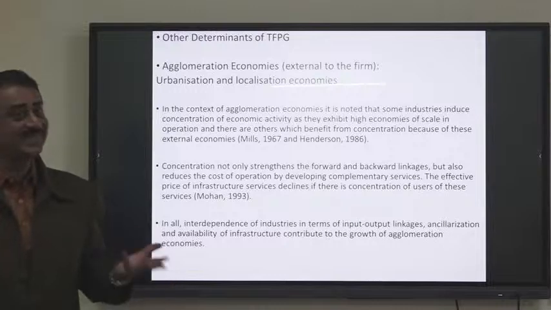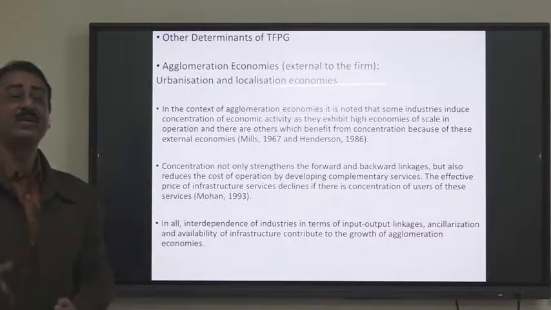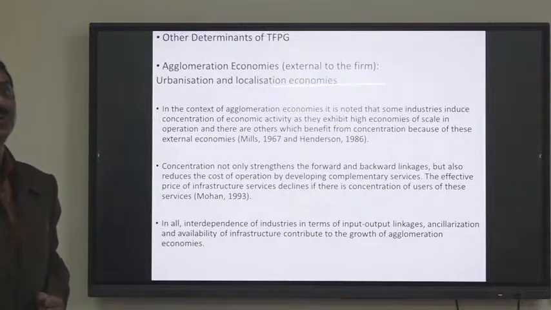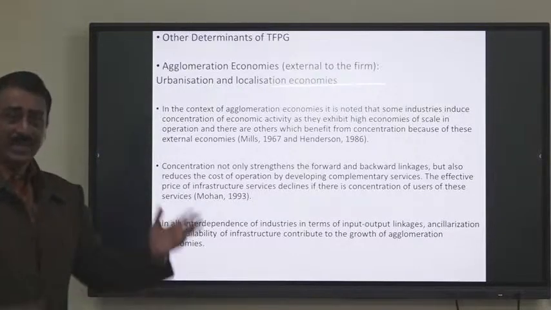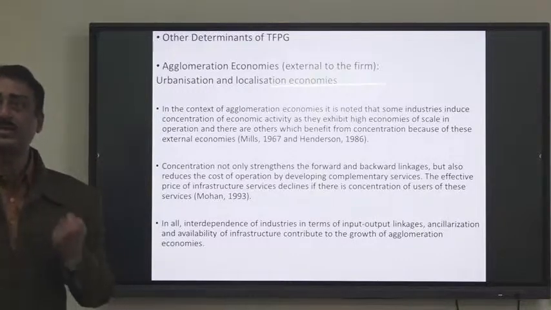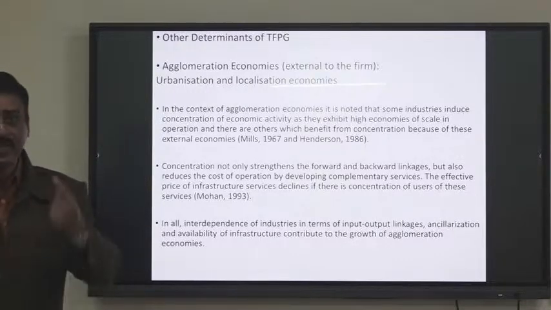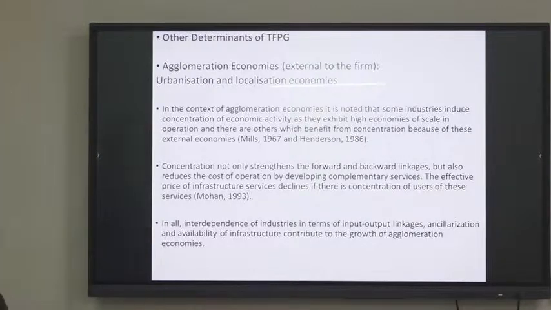SEZ is what? Basically creating special economic zones, where your rate of return on investment is going to be much higher compared to any other place. Export processing zones. So each company would decide what is my potentiality, and then accordingly decide where I should go and where I should invest.